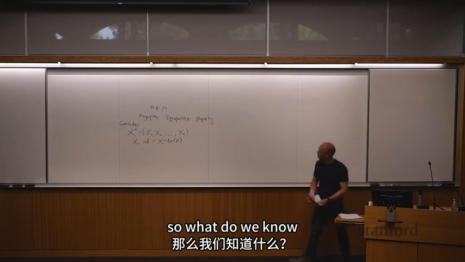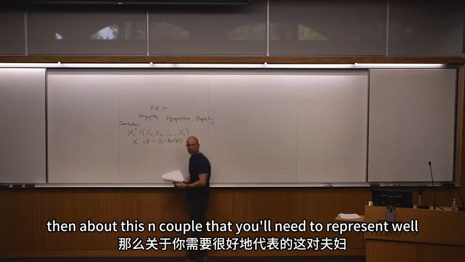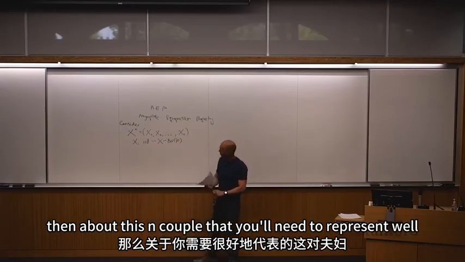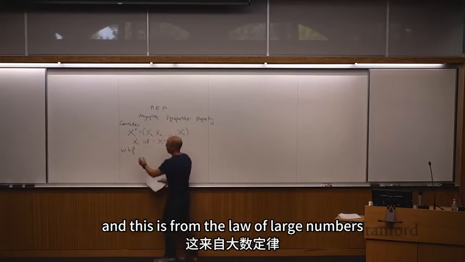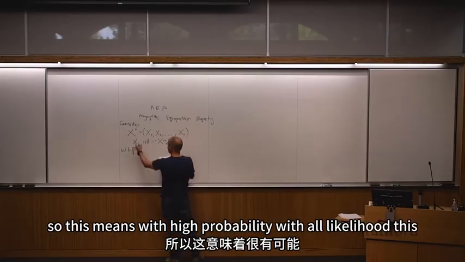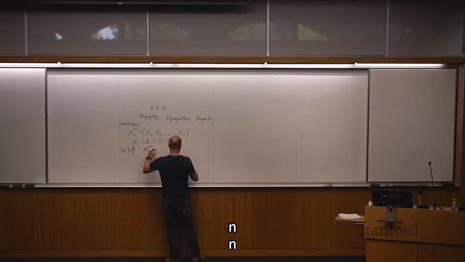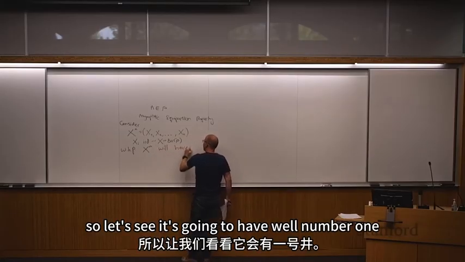So what do we know then about this n-tuple that you'll need to represent? Well, we know that with high probability, and this is from the law of large numbers, this n-tuple, x^n, is going to have a few properties.